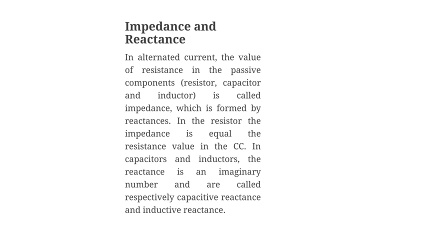In capacitor and inductor, the reactance is an imaginary number, called capacitive reactance or inductive reactance. We should keep this in mind because in the next lecture we will use these terms.